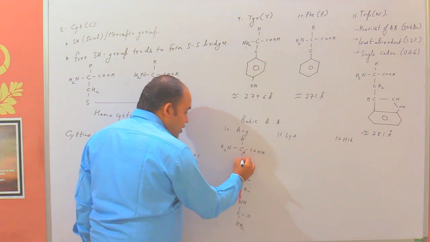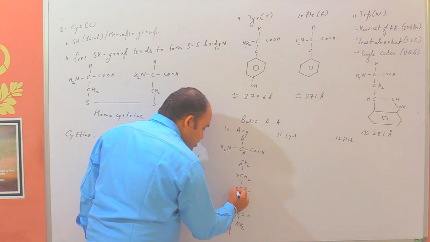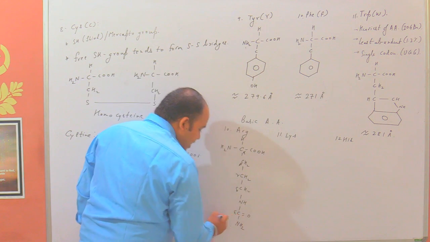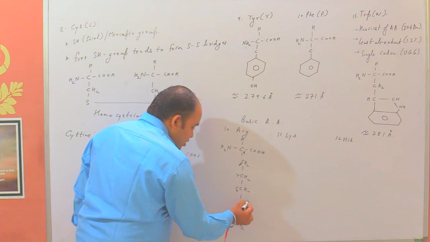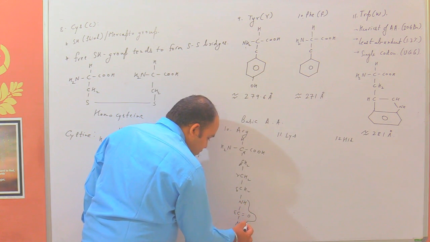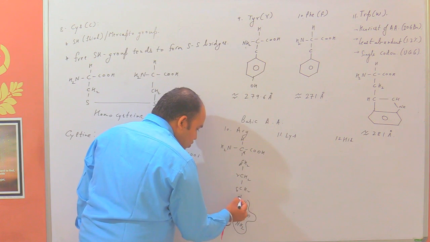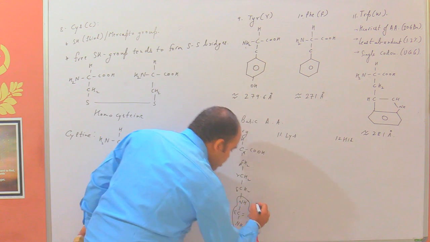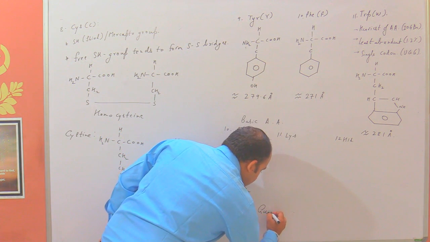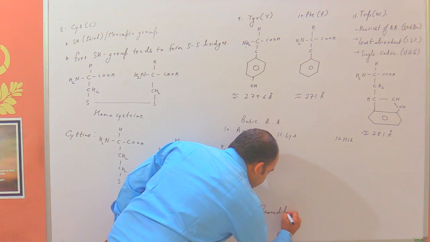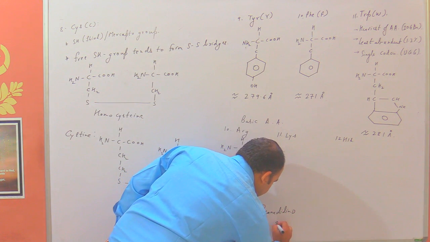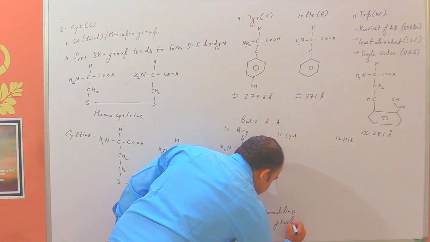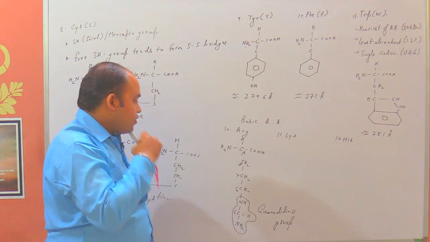This is alpha, this is beta, this is gamma, this is delta, this is epsilon carbon atom, and this complex structure is commonly called the guanidino group.